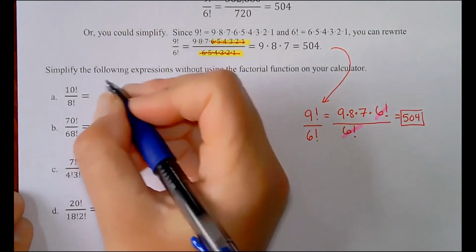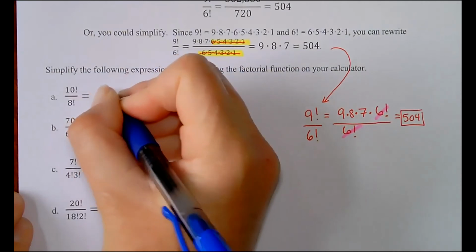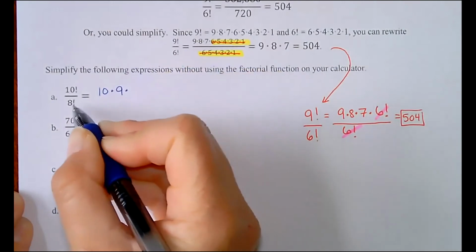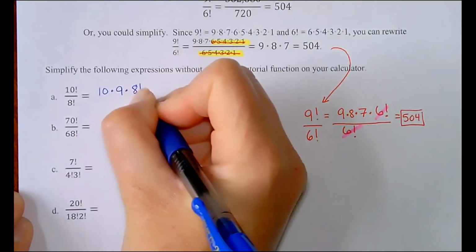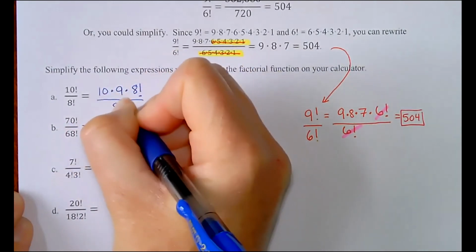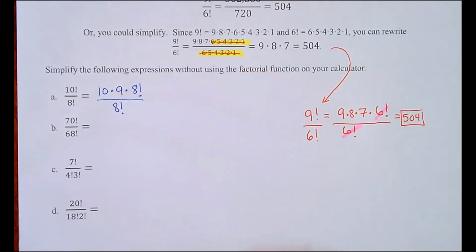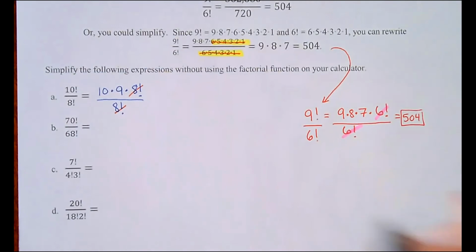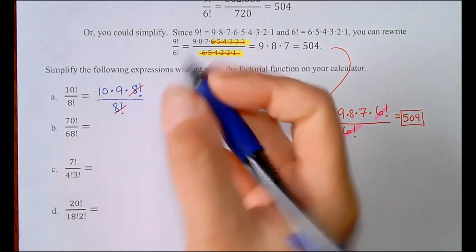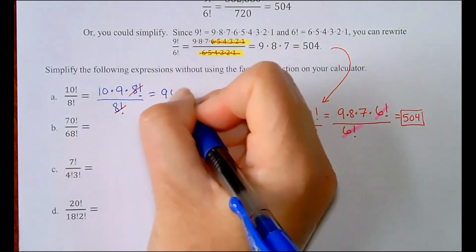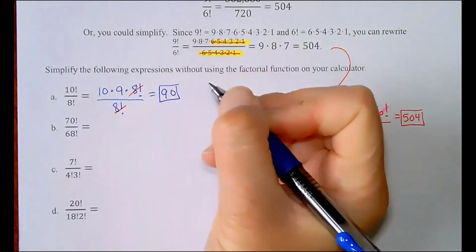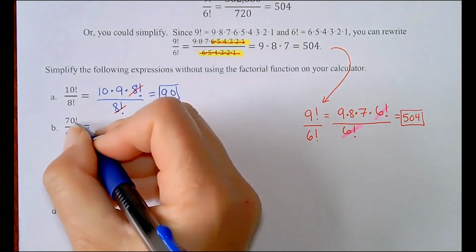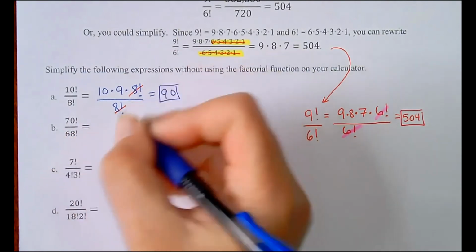So hopefully you got the following. I'm going to take this 10 and go 10 times 9 times, and I'm going to stop at 8 factorial because I have an 8 factorial on the bottom. This 8 factorial on top and this 8 factorial on bottom are going to cancel. And now I am left with just 10 times 9, or 90, and that's my answer. Now, for the next one, I'm going to take 70 and stop at 68 factorial.